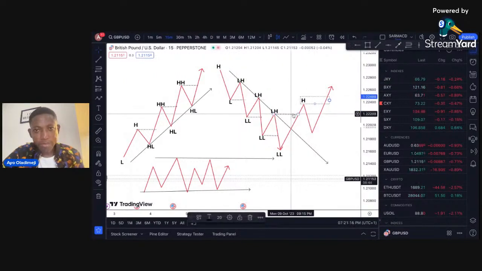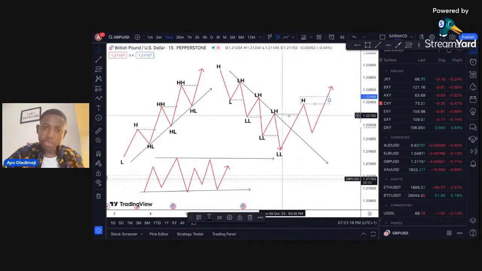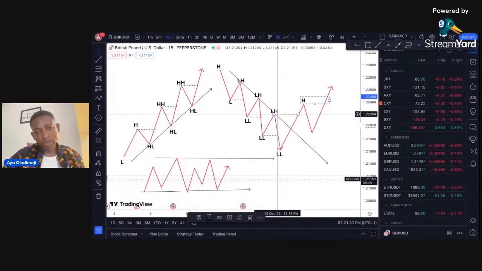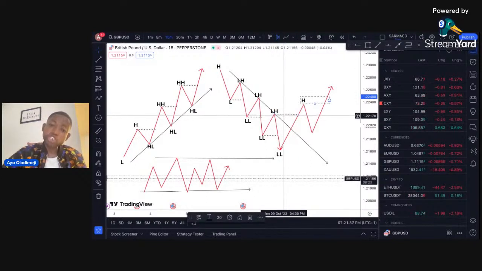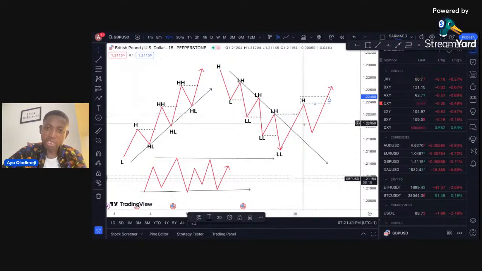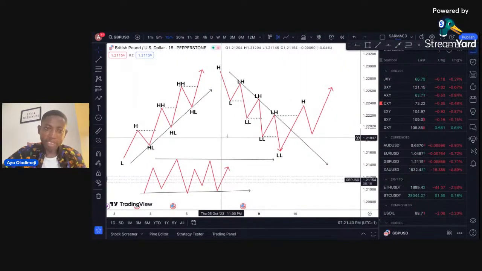So once we have this, if it breaks the lower high, it's no longer a pullback. It means that it's signaling a change in the direction of the trend. So this is showing that the market is about to start going bullish.